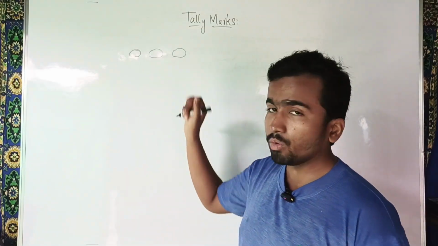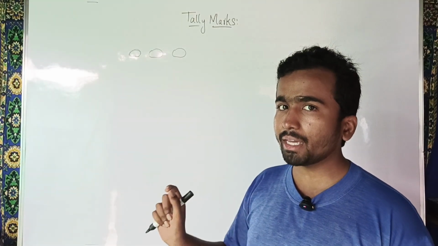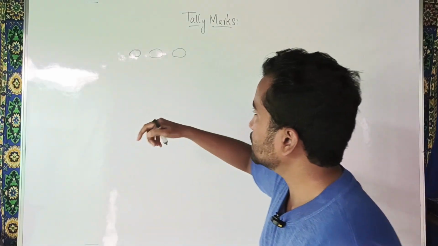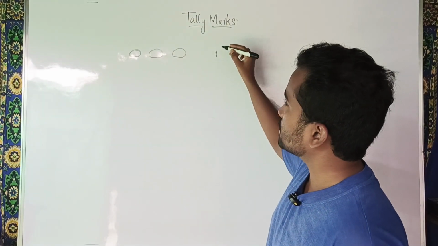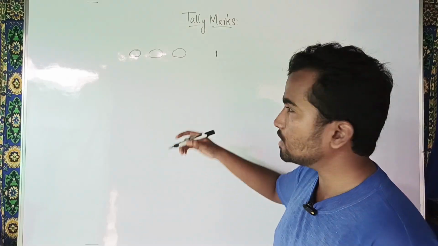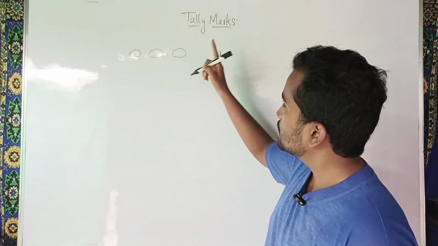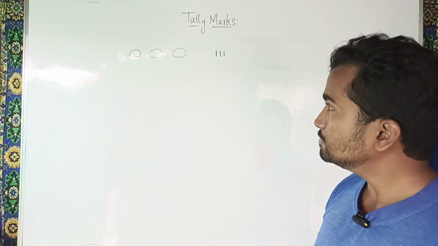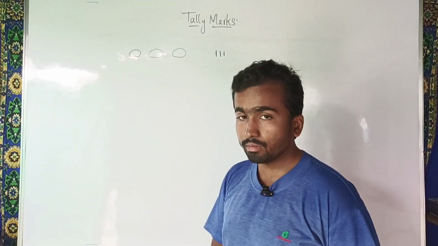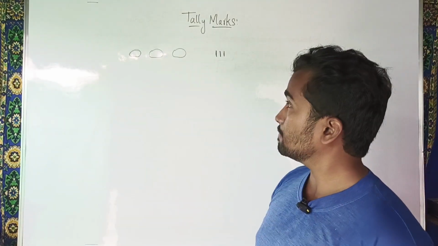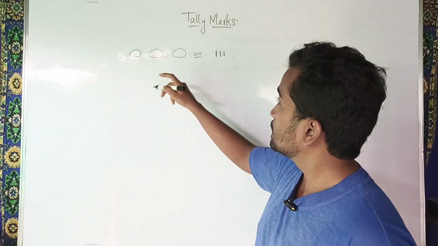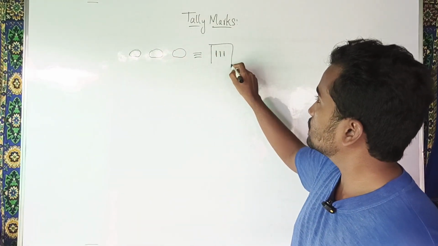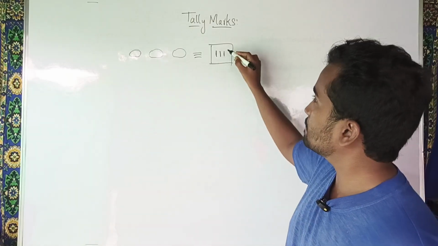I can't count these objects, but I can keep track of them. For one object I can draw a single line over here. For another object I can draw another single line. For the third object I can draw another single line, right? This was the simplest method. So this quantity was represented using tally marks.